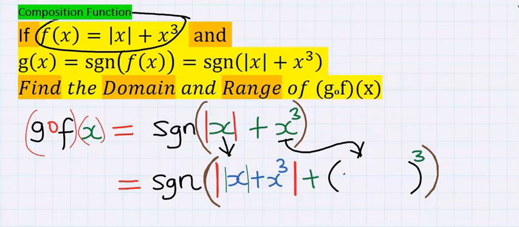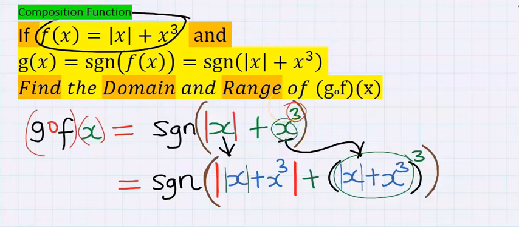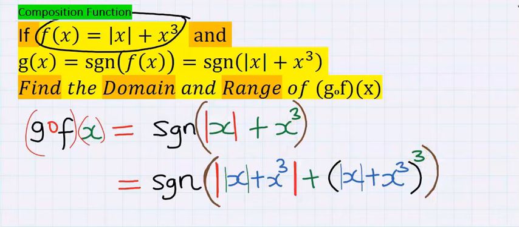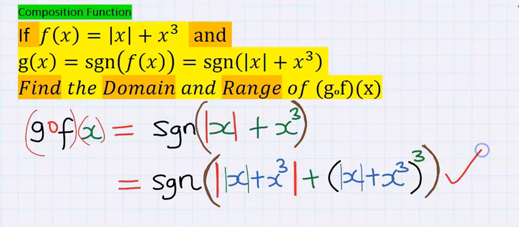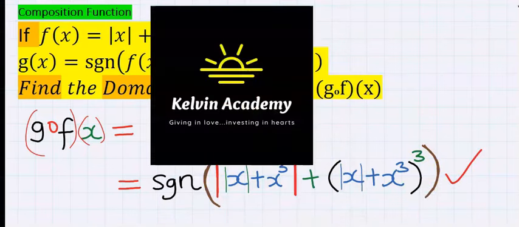Hence, this is going to be x plus x to the power of 3, and this has absolute value of x. Everything here in this position is just for this x, and 3 that is at the power still remains here, and everything here is also for the signum function, and this is the composition function.